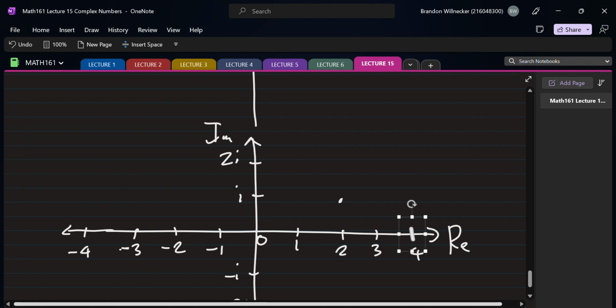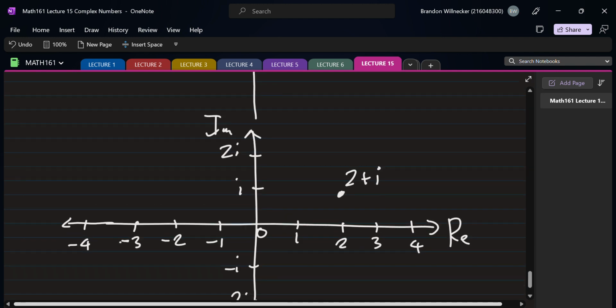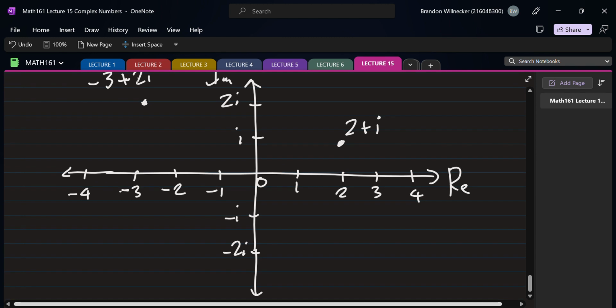A couple examples. This point here will be 2 plus i. The real part is 2, so that goes along the horizontal part. The imaginary part is 1, because it's 1 times i, and that will be the vertical part. This point over here we will write as minus 3 plus 2i. So minus 3 along the real line, and then plus 2i along the imaginary line, because we're going in that imaginary direction.